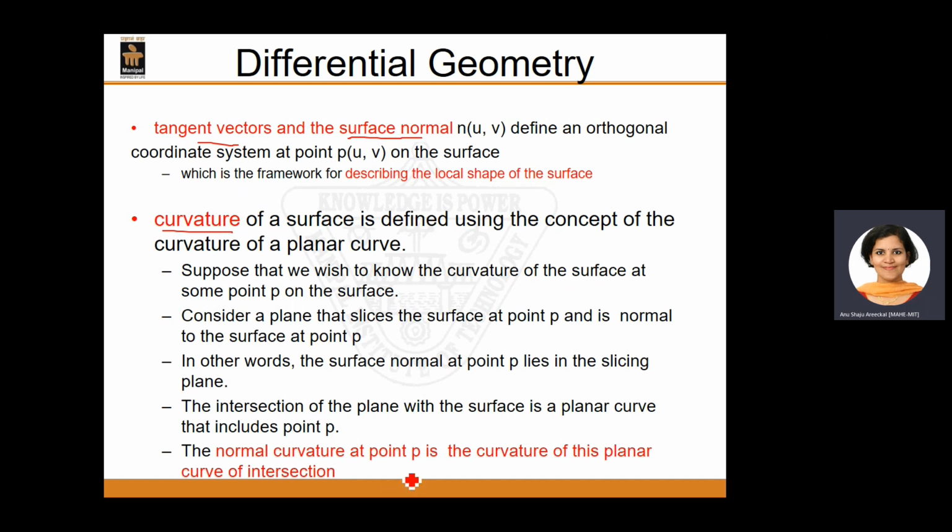Such a plane gives you the normal curvature. Normal curvature at the point P is defined as the curvature of the planar curve of intersection.